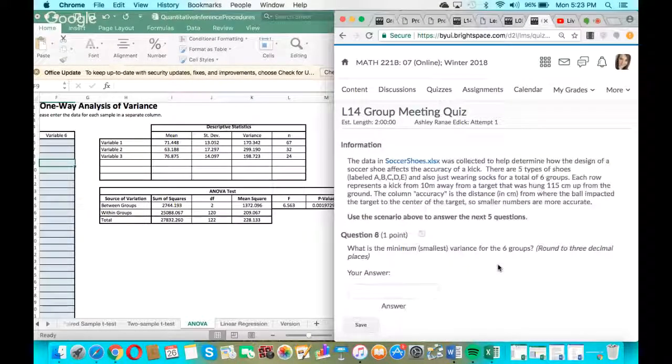The data in the soccer shoes Excel was collected to help determine how the design of a soccer shoe affects the accuracy of a kick. There are 5 types of shoes labeled A, B, C, D, E, and also just wearing socks for a total of 6 groups.